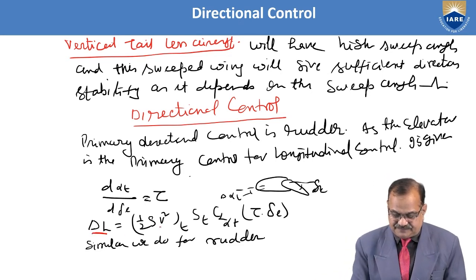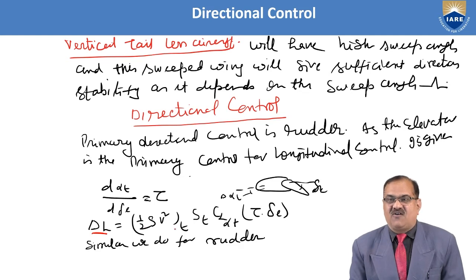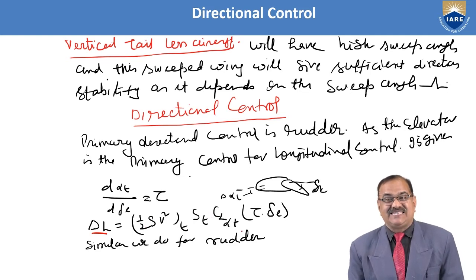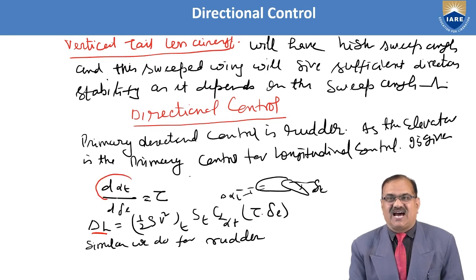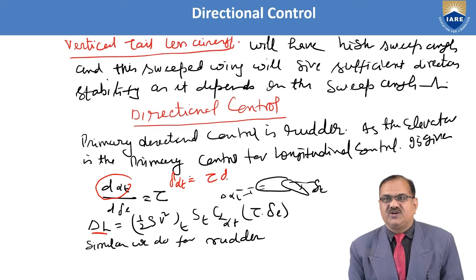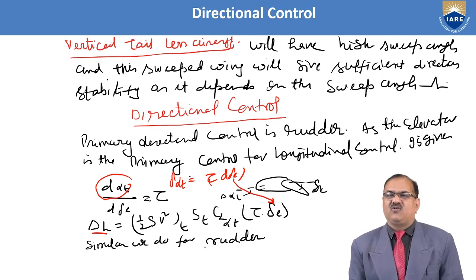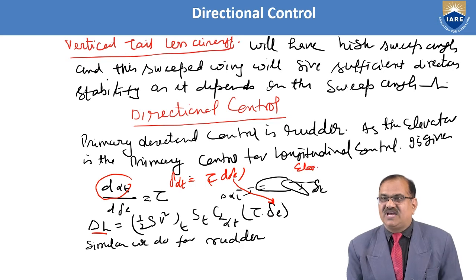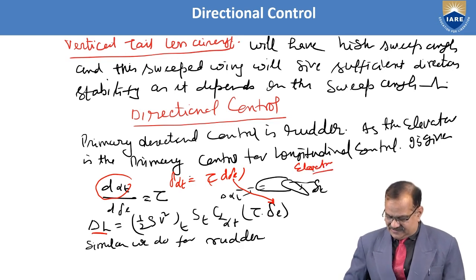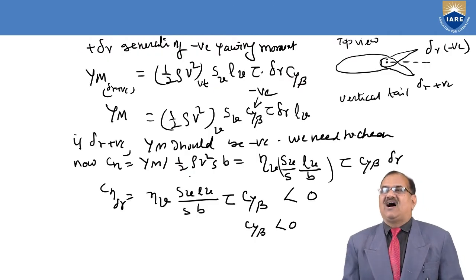This lift is half ρV² S C_Lα_t, and here τ into δ_E. So Δα_t is equal to τ into dδ_E. So this we have transferred here. Similarly, we can do it for the rudder. This is for the elevator, which we did in the previous classes, but the same way we can do it for the rudder.